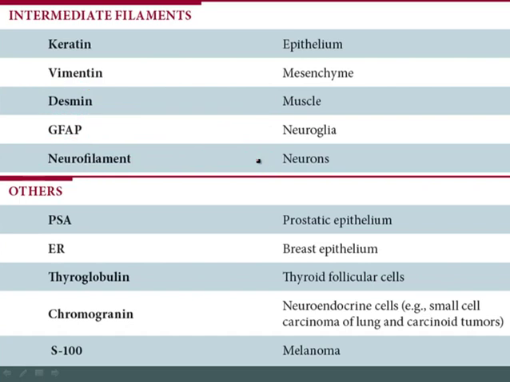Another way that we could play the game is that, let's say we have a tumor, and we know that it's a carcinoma. It's making glands, and we're concerned about whether it might be from the prostate or it might be from another organ. Well, we could do an immunohistochemical stain for PSA, and if the cells are PSA positive, that would suggest that we're dealing with a prostate cancer.